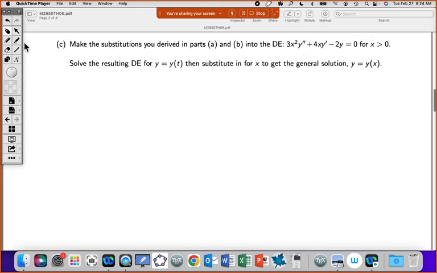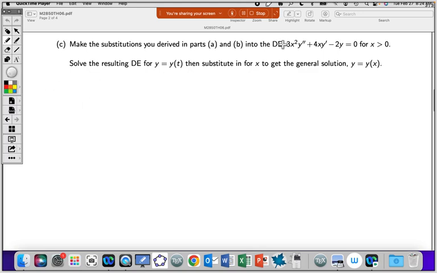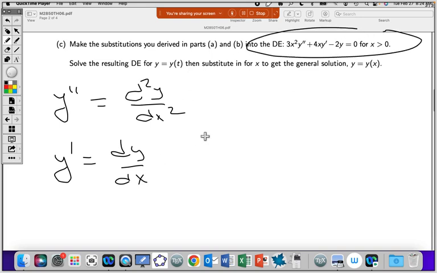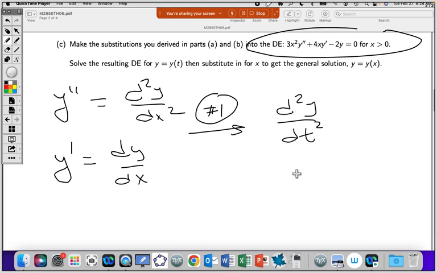And remember, once you stuff this into here, the y double prime here is a d squared y dx squared. The y prime is a dy dx. The goal is to take this diff eq and use what you learned in number 1 to get everything in terms of d squared y dt squared and dy dt.